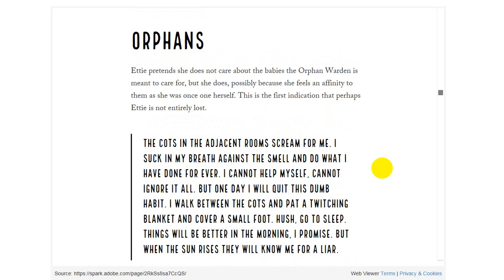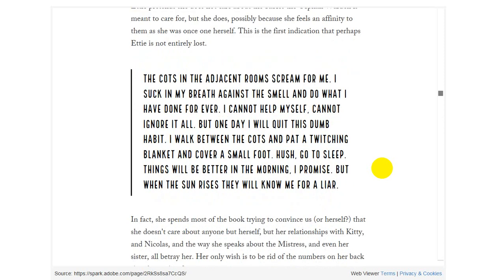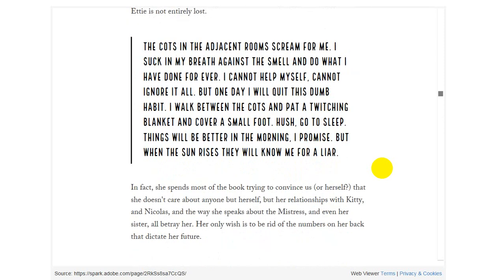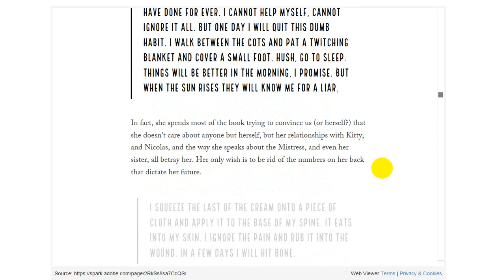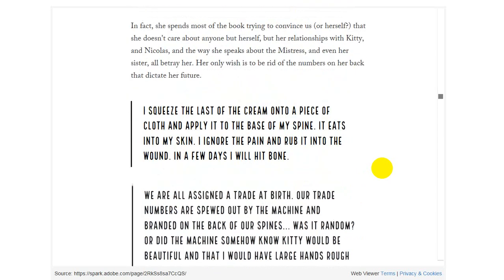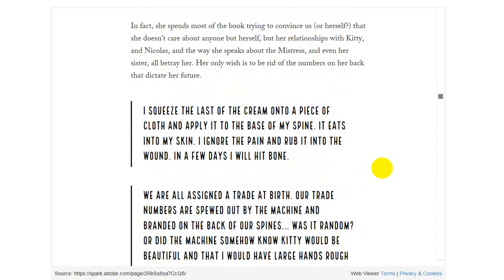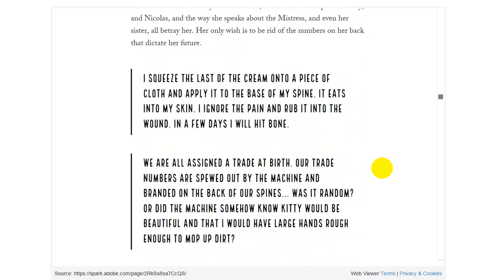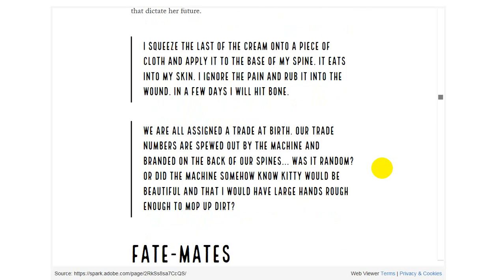The orphans, Etty is an orphan. She pretends she doesn't care for them, but we learn that she really does. In fact, she spends most of the book trying to convince us, or herself, that she doesn't care about anyone but herself, and her relationship with Kitty and Nicholas. But the way she speaks about Mistress and her sister all betray her. Her only wish is to be rid of the numbers on her back, and she goes to great lengths.